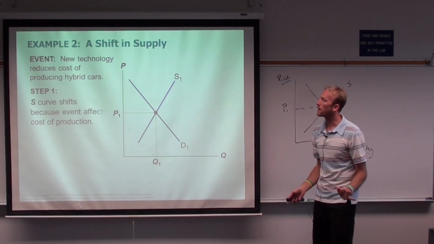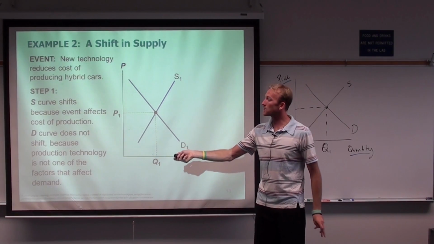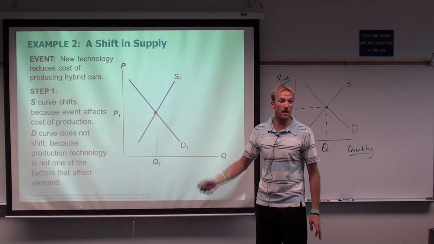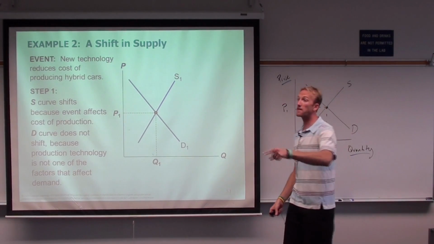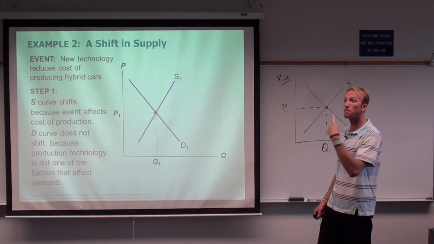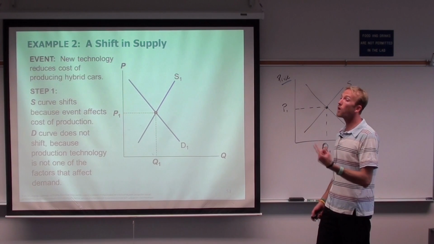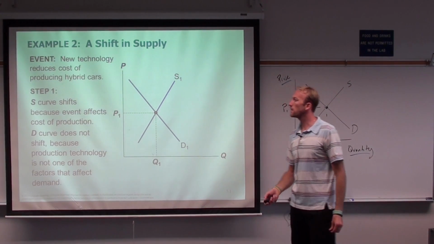No, right? So the demand curve does not shift, because production technology doesn't affect the buyers. It affects the sellers, the suppliers, the firms that produce the vehicles. So what curve is going to shift? The S curve. Exactly, the S curve.